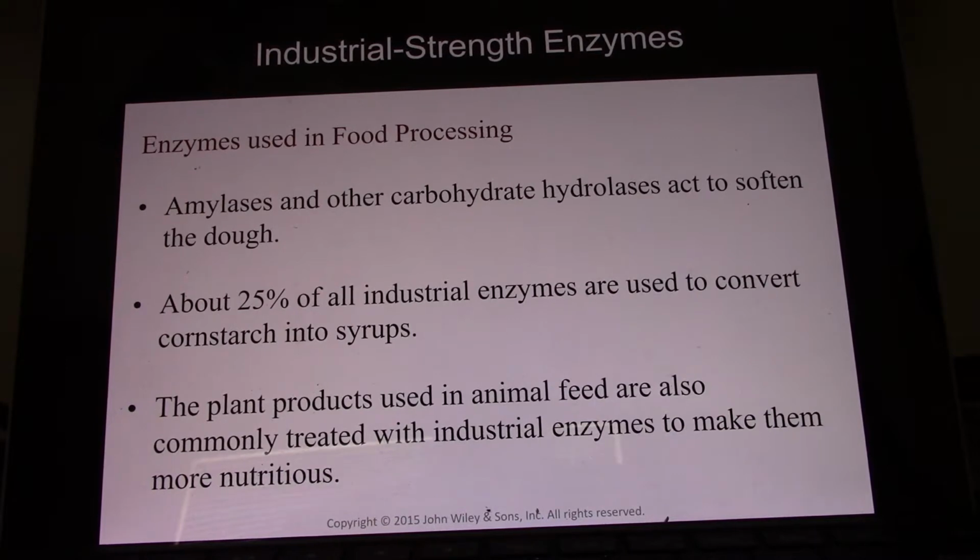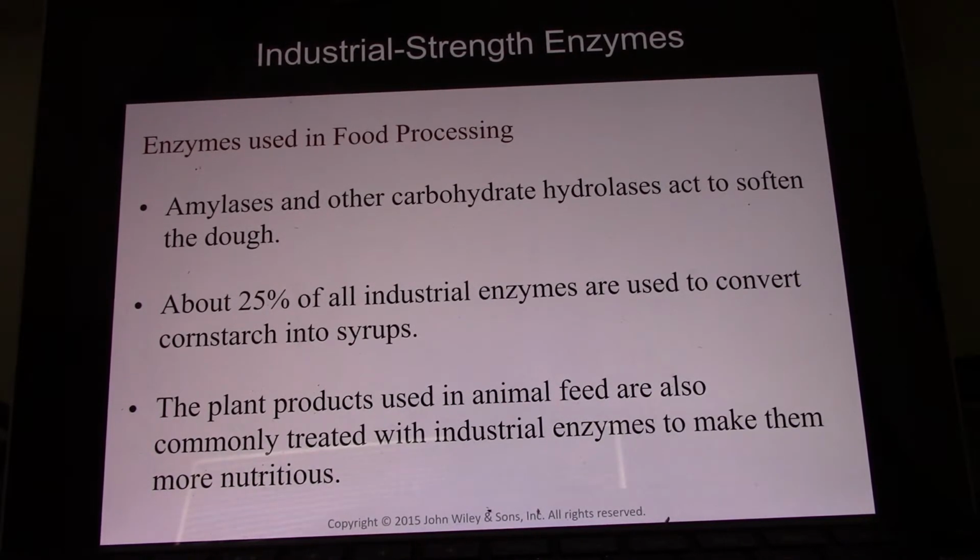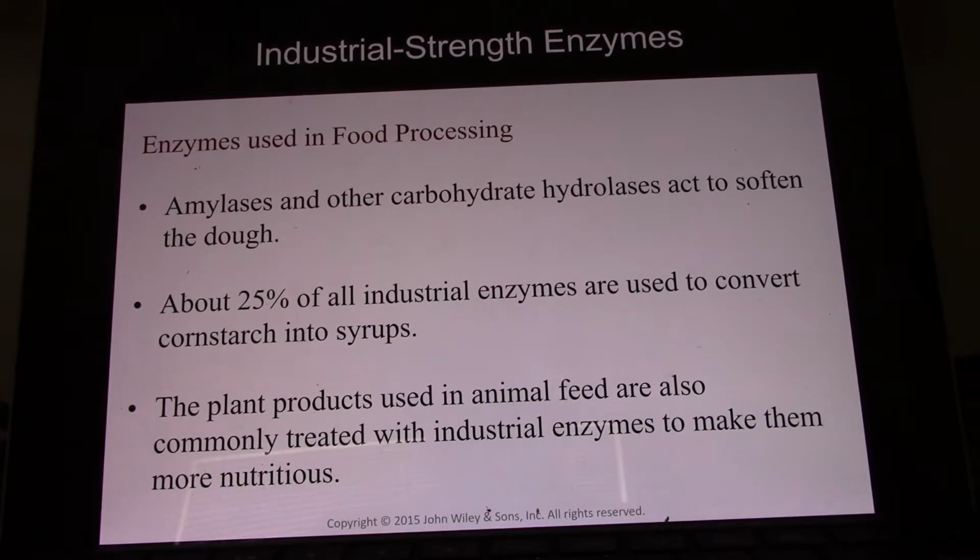Enzymes used in food processing. Amylases and other carbohydrate hydrolases act to soften dough by breaking down those bonds. About 25% of all industrial enzymes are used to convert cornstarch into syrups. Because cornstarch, like any starch, is a long chain of glucose, and if you chop it up into much shorter chains, now you have a syrup, a sugary solution.